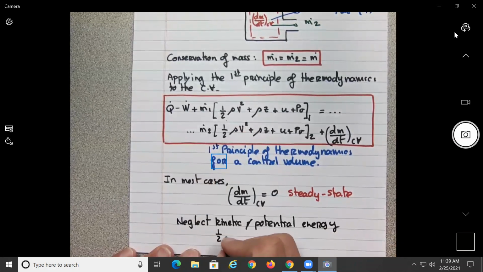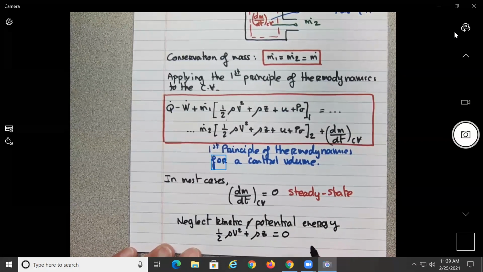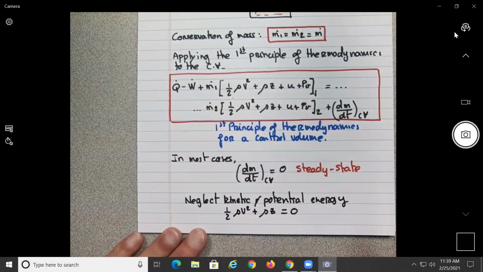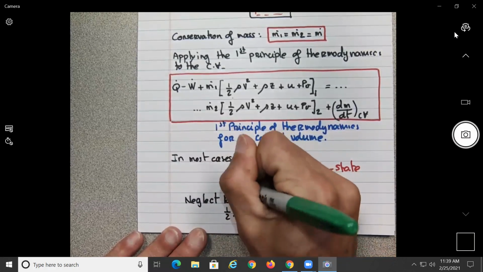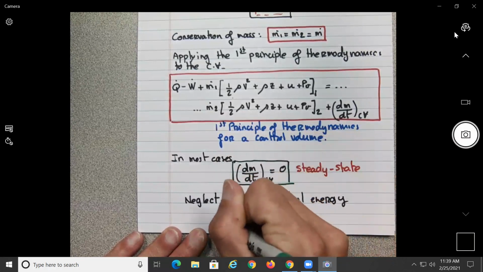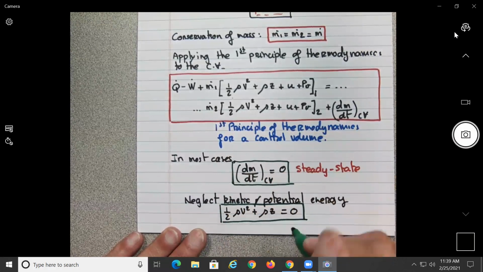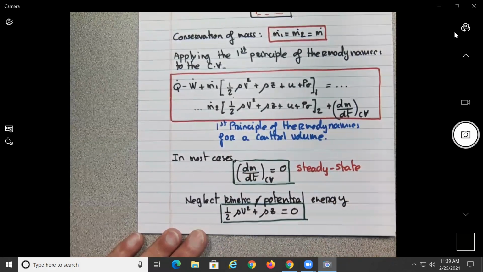That the 1/2 rho v squared plus the density times change in height will also be 0. Okay?